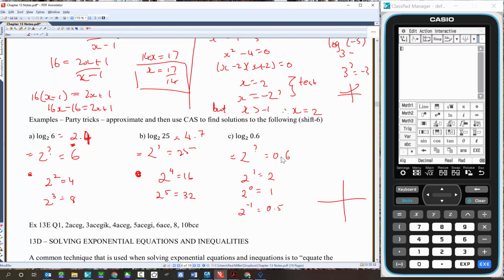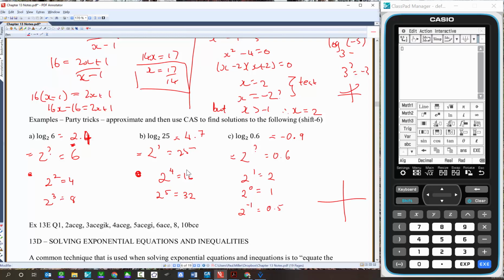Now notice that 0.6 sits somewhere between 1 and 0.5. What does it lean closer to? It leans closer to 0.5, which means it leans closer to negative 1. So I suspect that this one will be roughly 0.9, okay, and negative at that.